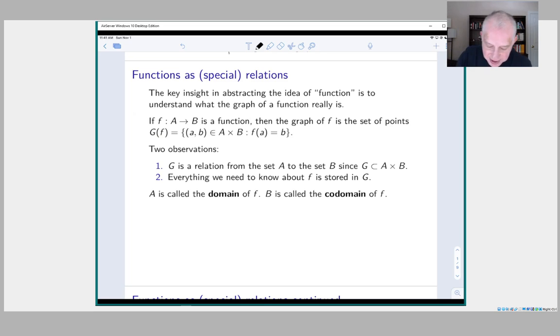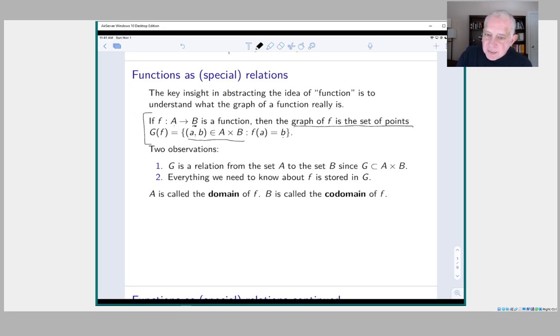So, as I mentioned before, if you have a function f which has domain A and codomain B, and remember, codomain, this B, is just a set big enough to hold all the values of f, then the graph of f is the set of points consisting of pairs a, b, where a is chosen from A and b is chosen from B, and the point b is given by f of a, where f is some formula or rule or something.